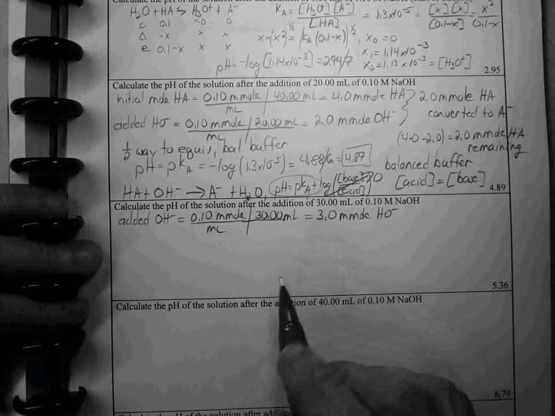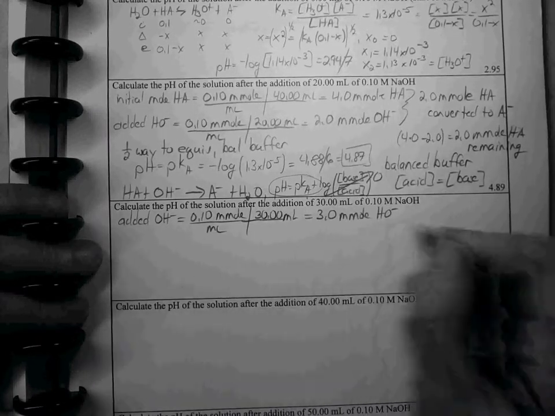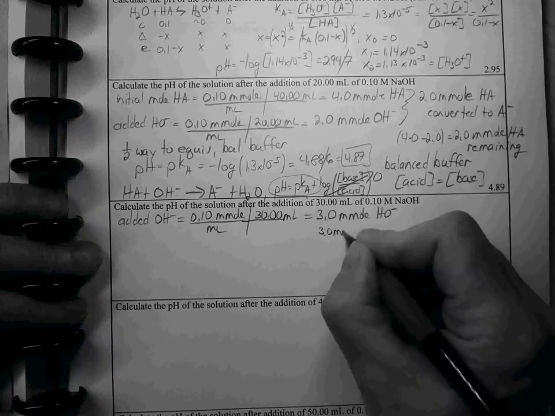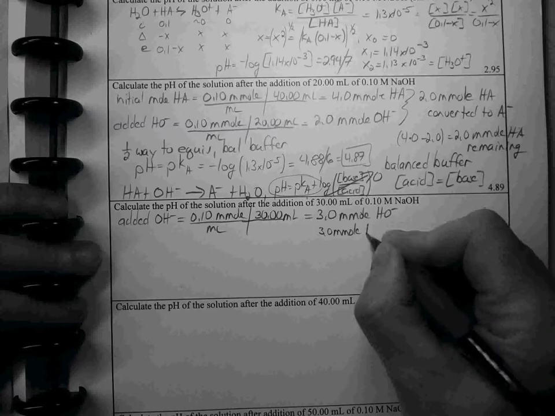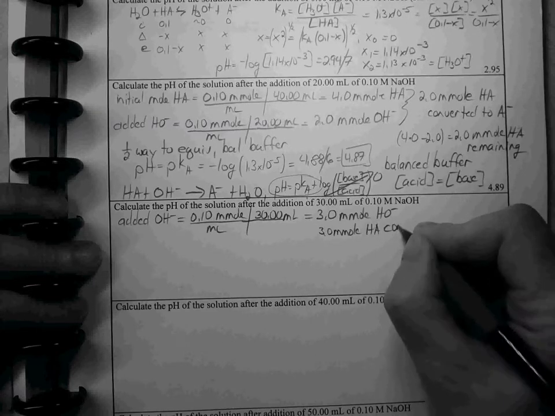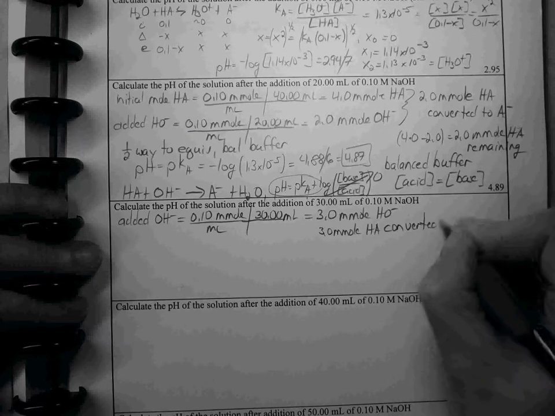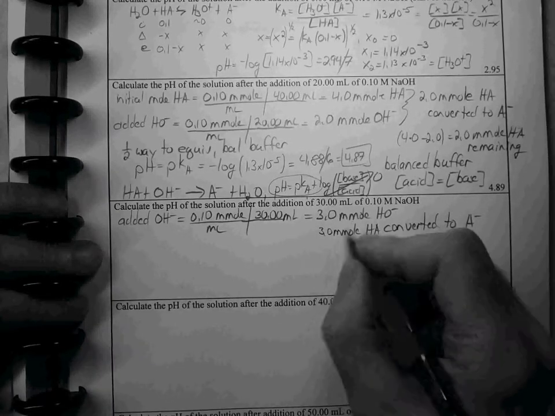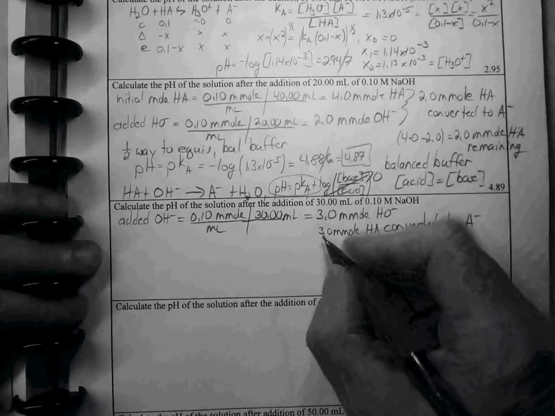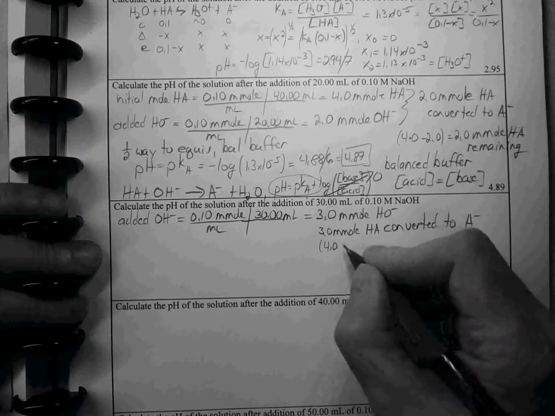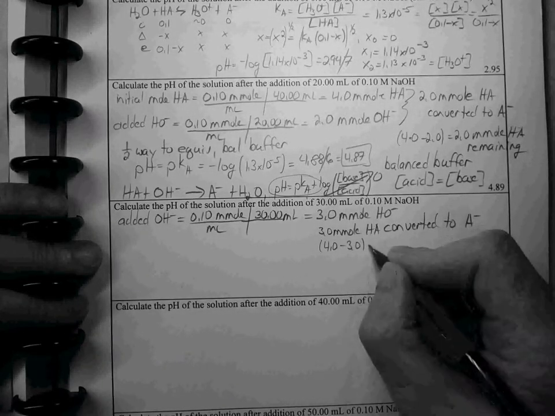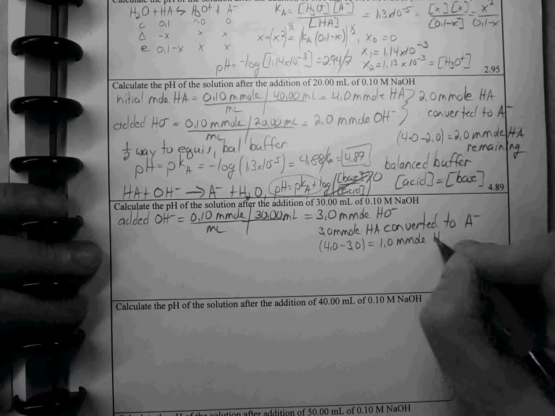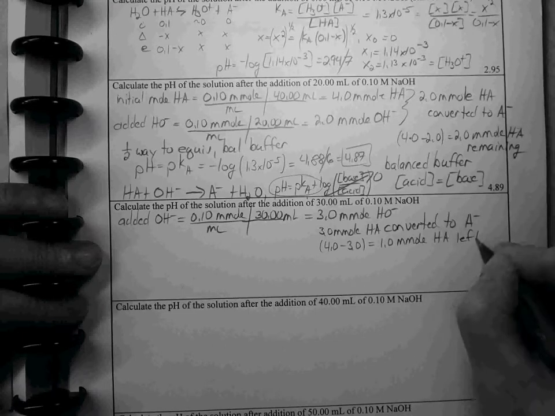Okay, so we started with 4 millimoles of the HA, and at this point 3 millimoles of HA has been converted to A minus. And since we started with 4 millimoles, we have 1 millimole of HA left.